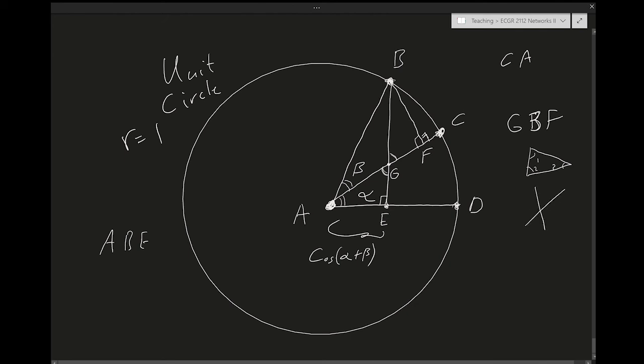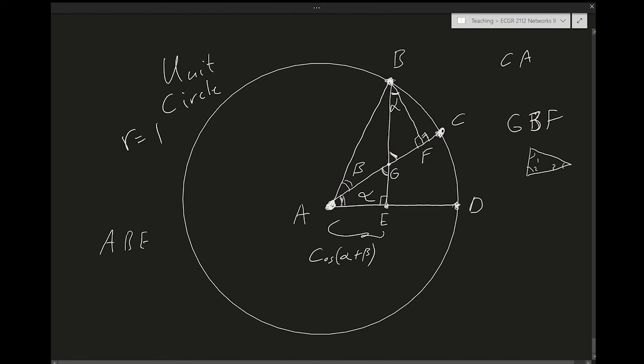If you have two lines intersecting, this angle will equal this angle, right? But alpha is going to be this angle plus 90 degrees, right? But also this angle is going to be this same angle plus 90 degrees. So this angle and this angle are going to equal the same thing. So this angle needs to be alpha.